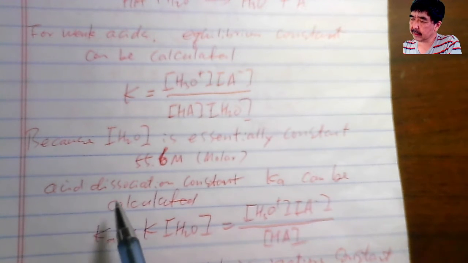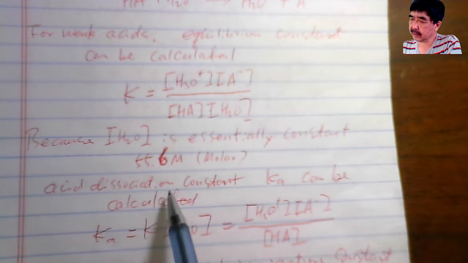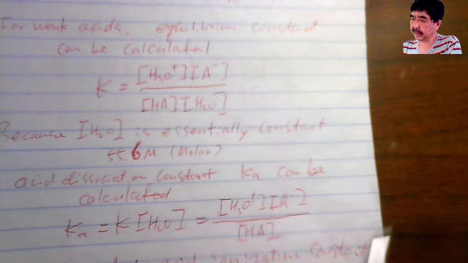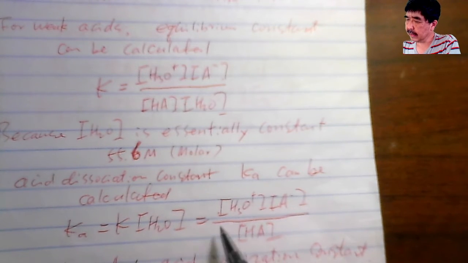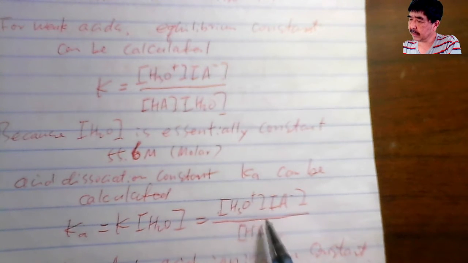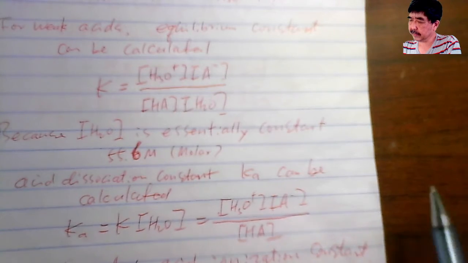This acid dissociation constant Ka can also be called the acid ionization constant. This is the equation for calculating Ka: Ka equals the product of hydronium ion and negative ion concentration divided by concentration of acid.